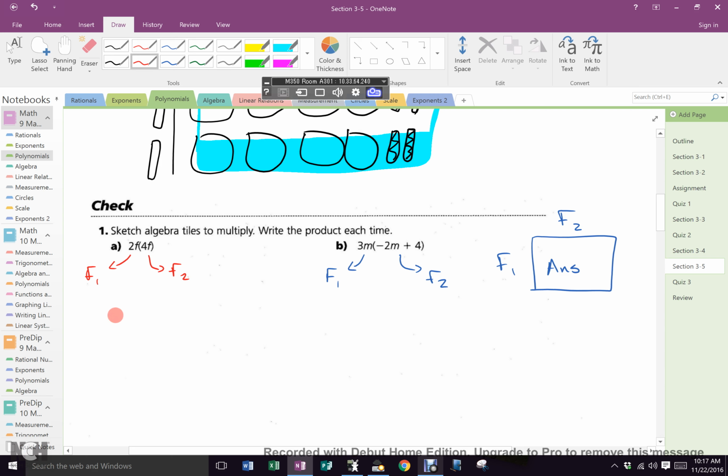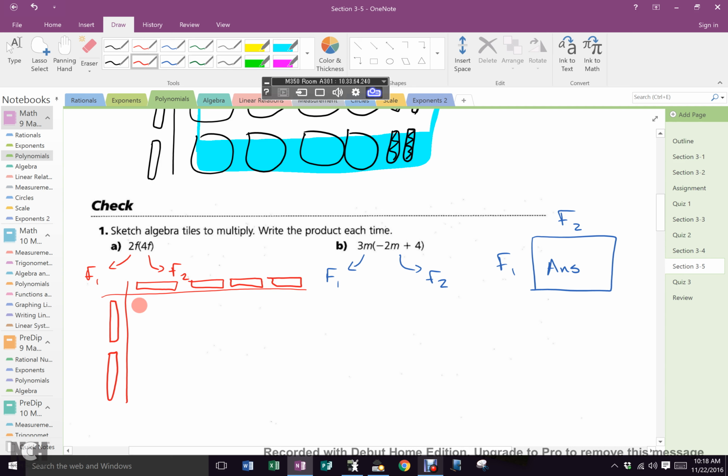What does the factor 1 side of this rectangle look like? 2. 2 what? Bars. Colored or not? Not, because they're positive. What does the factor 2 side look like? 4 bars, also not shaded.